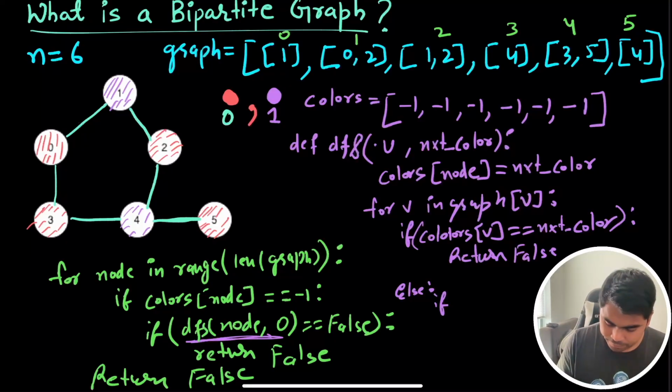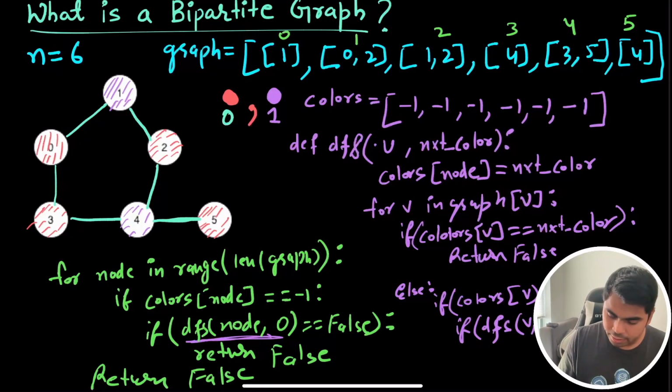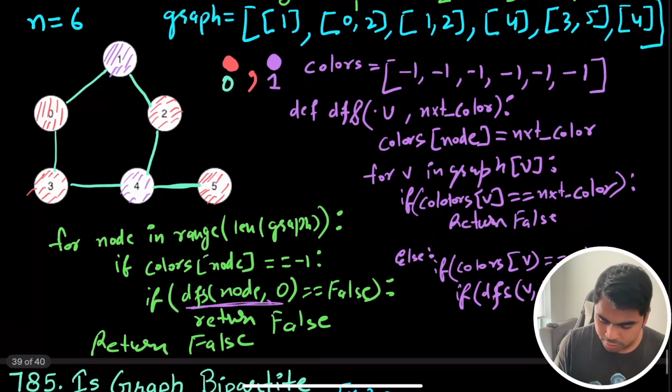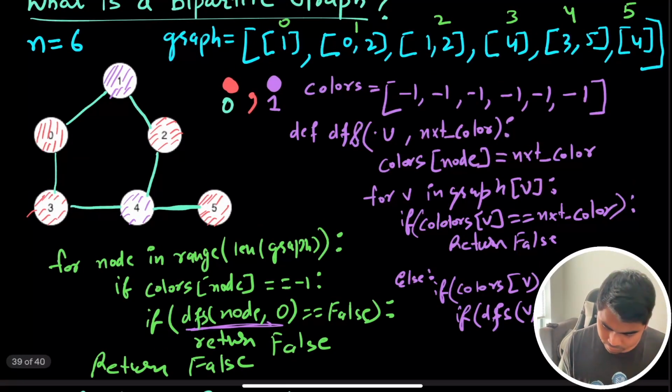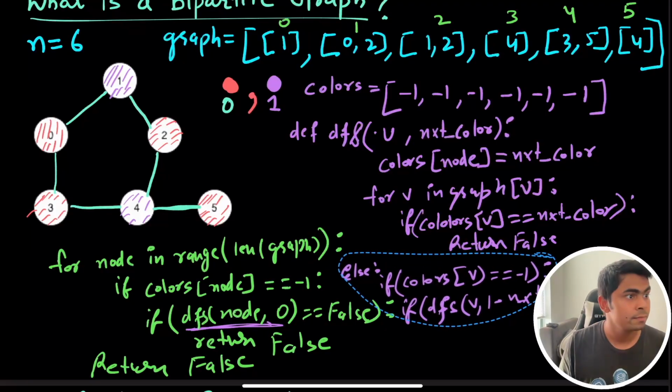So if colors of this neighbor V equals -1, then we can call DFS on V with next color being 1 minus next color. And let me tell you why I am doing this. Next color, let me move this code a little bit here. Okay, so you can see.